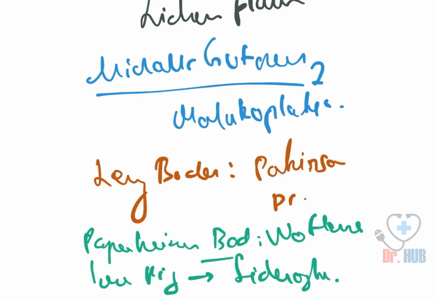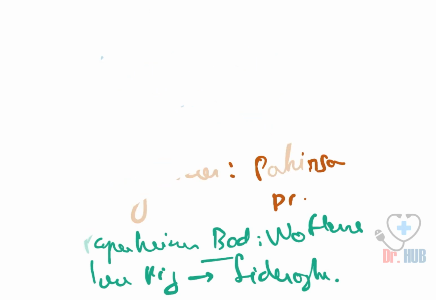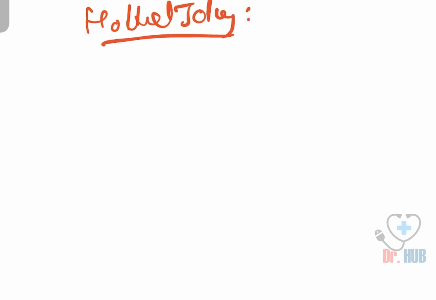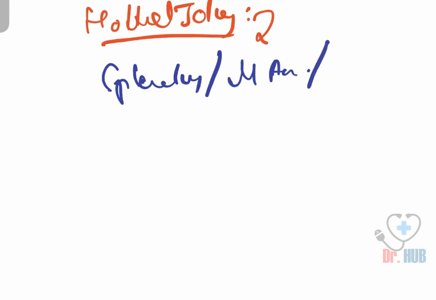Now moving on, looking at the Howell-Jolly bodies. The Howell-Jolly bodies are seen in case of splenectomy, megaloblastic anemia, as well as hemolytic anemia.